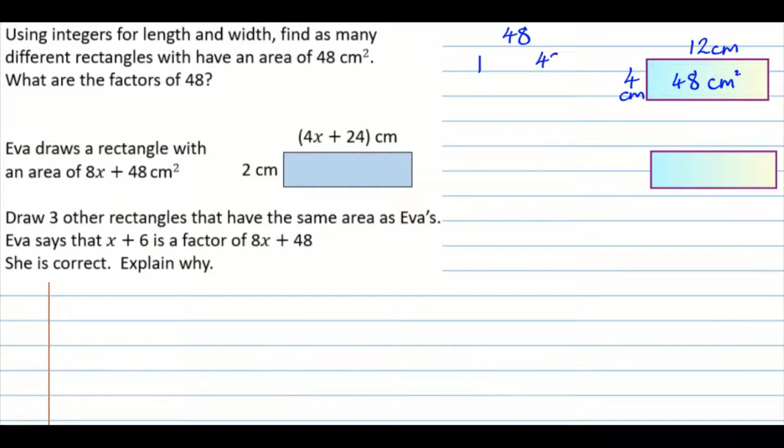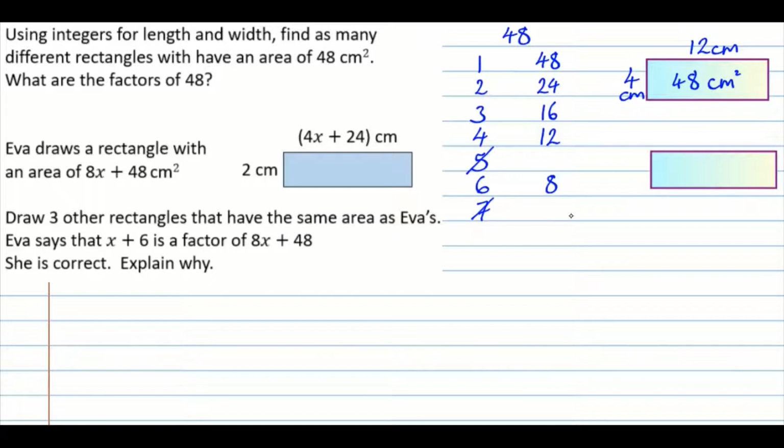So 1 times 48 is 48, and then 2 times 24 is 48. 3 goes into 4 once remainder 1, so that will be 16 3s are 48. 4 times 12 is 48, 5 doesn't go into 48, 6 times 8 is 48, 7 doesn't go into 48, 8 is already on the list.